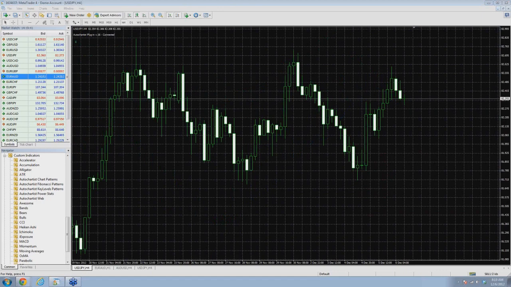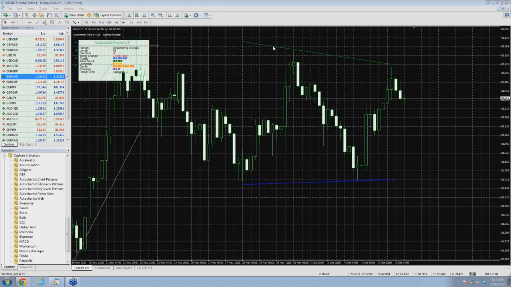Now, why I do it this way is because on this platform here, I'm going to get a list. It's going to give me a list of opportunities, both emerging and completed. So then I can go through this list, and then I can select which market I want to watch on the MT4 platform. So I'm selecting this Japanese yen descending triangle that's emerging.